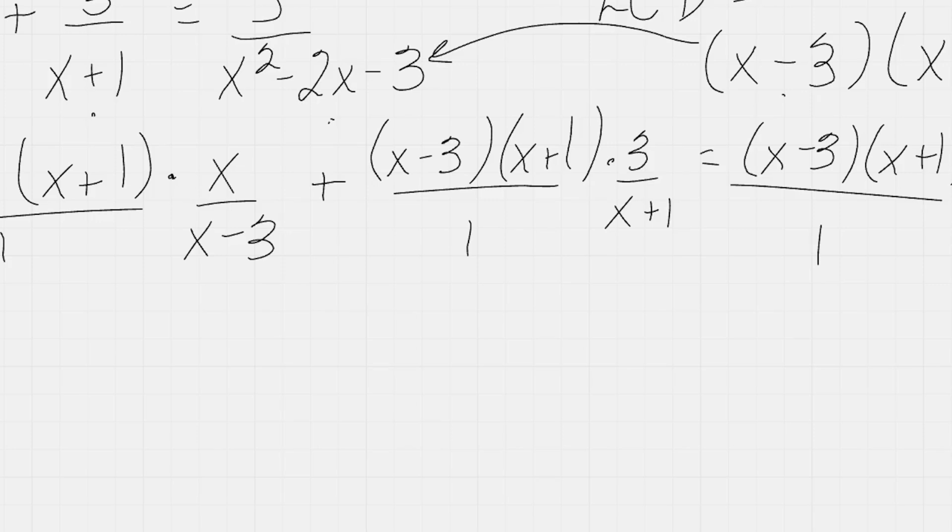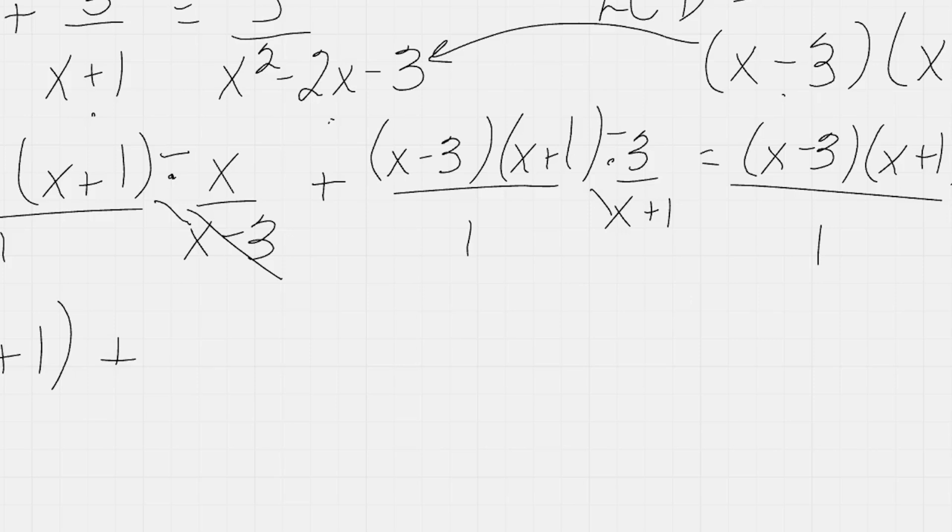Now, what I personally do is I divide diagonally, and then I multiply across. So I'm going to divide x minus 3 times x plus 1 by x minus 3. When you do that, you eliminate your x minus 3 in the numerator, and you eliminate x minus 3 in the denominator. So down here, you're left with x times x plus 1. Right? Plus, again, I divide diagonally and multiply across.